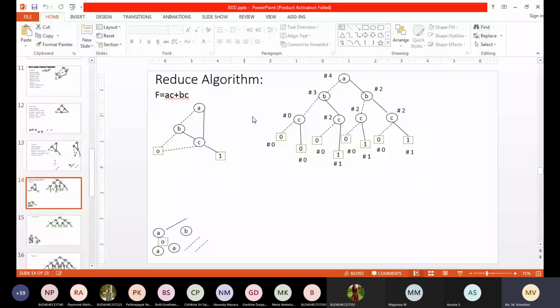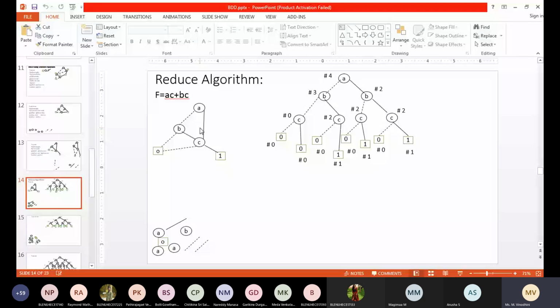Next, little up if you go and see, here 2 2 2. In this case also it is a redundant node. So this B we need to remove. This dashed line and the solid line we need to remove. This solid line I need to connect to either this C or this C. Any one I need to retain. Okay. So when we follow this procedure, finally we will get this.